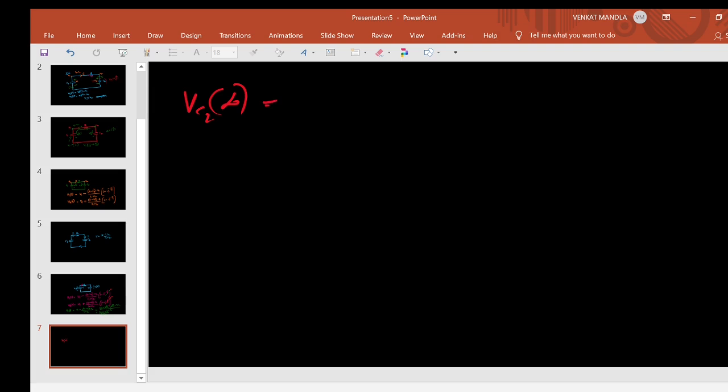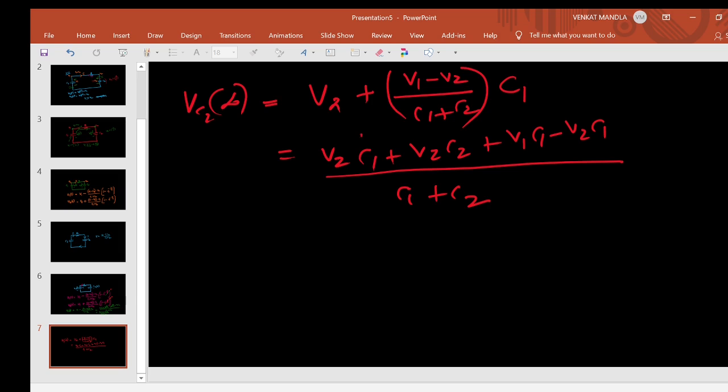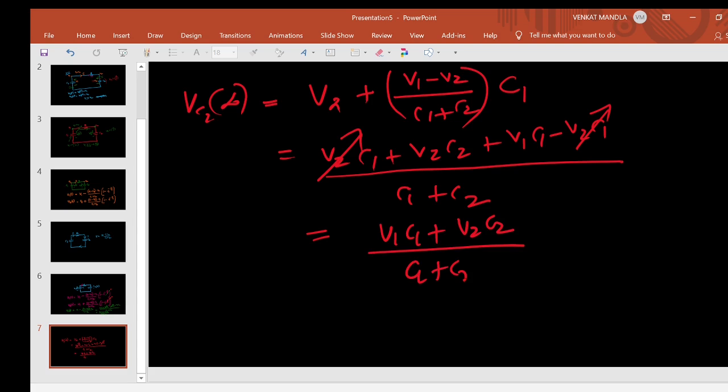Vc2 of infinity is V2 plus V1 minus V2 by C1 plus C2 into C1, that is V2 C1 plus V2 C2 plus V1 C1 minus V2 C1 by C1 plus C2. This V2 C1 and this minus V2 C1 get cancelled. Then you will get V1 C1 plus V2 C2 by C1 plus C2. This is Vc2 infinity.